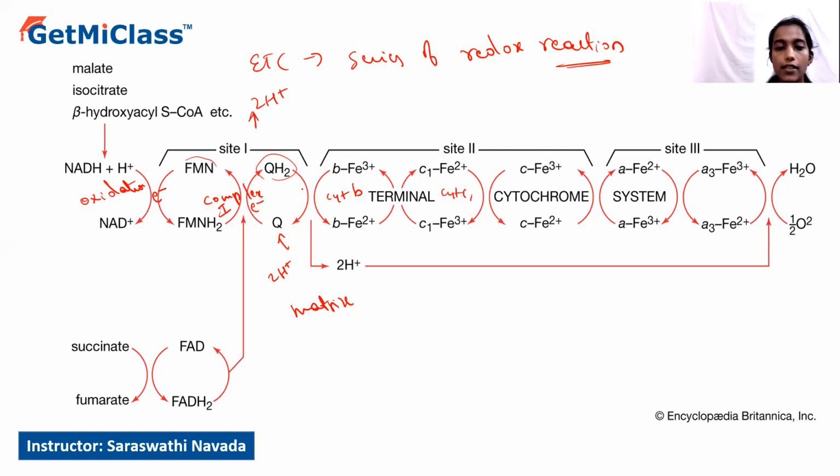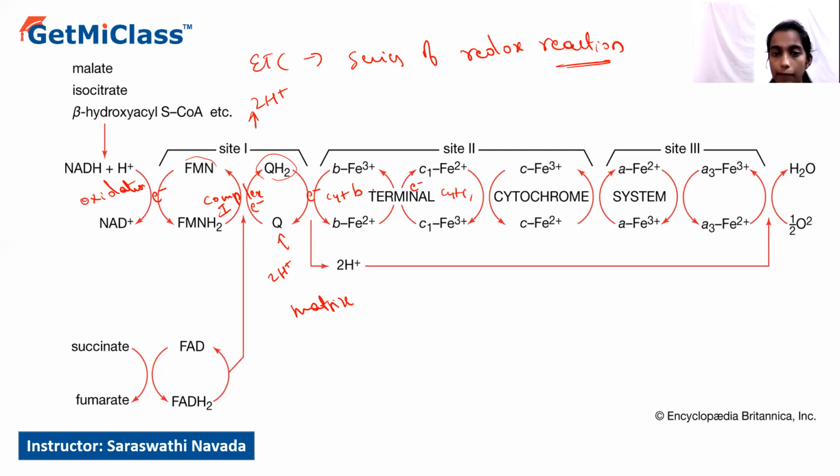So the electron released from the coenzyme Q will be accepted by the ferric ion, where it gets reduced into ferrous ion, and this electron from the ferrous ion will be further transported into cytochrome C1 of complex 3.